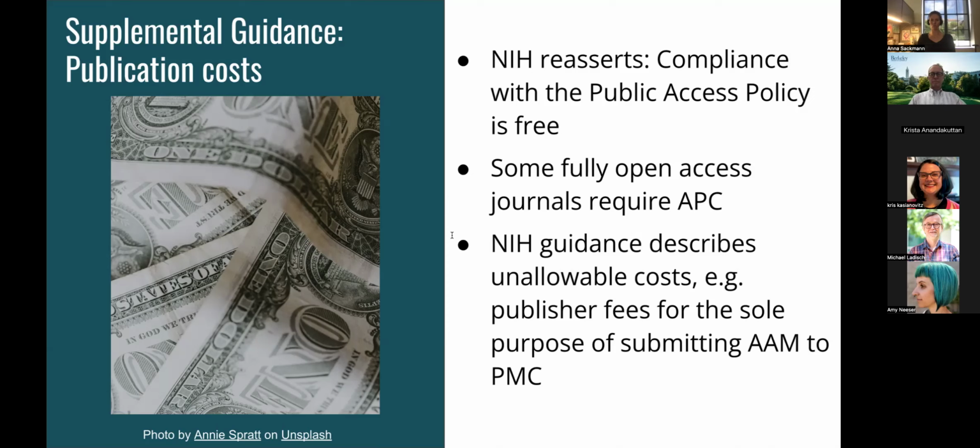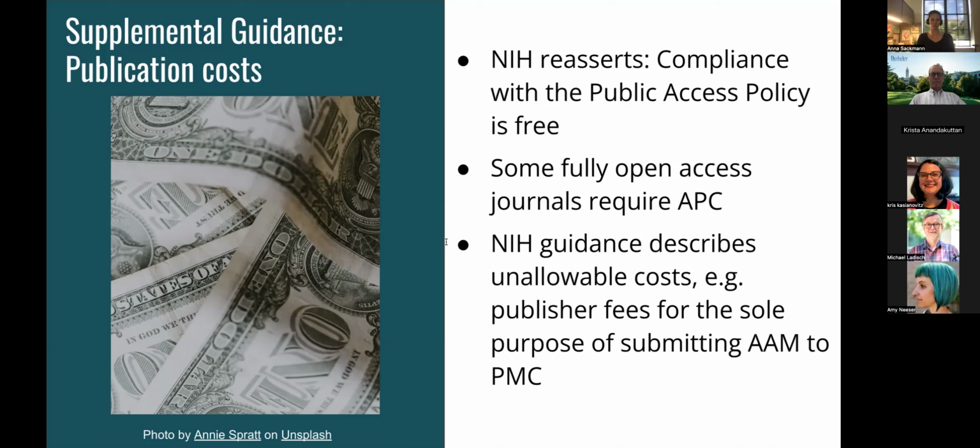So in this supplemental guidance, NIH has outlined several specific examples of unallowable publishing costs. For example, one type of unallowable cost is for publisher fees, which are charged for the sole purpose of submitting the author-accepted manuscript to PubMed Central.